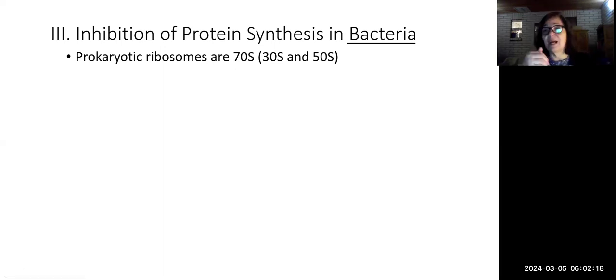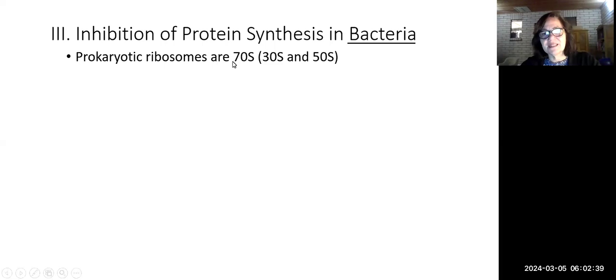Svedberg units measure how long it takes something to get to the bottom of a tube if I'm spinning it in a centrifuge and it's suspended in a sucrose gradient. It's very specific, but that's why these numbers don't add up.